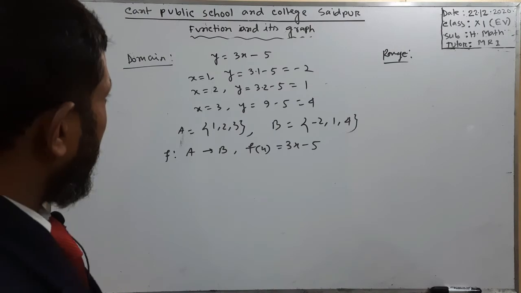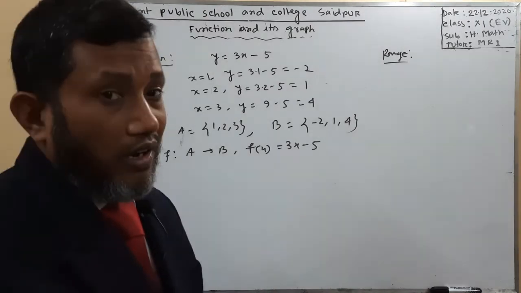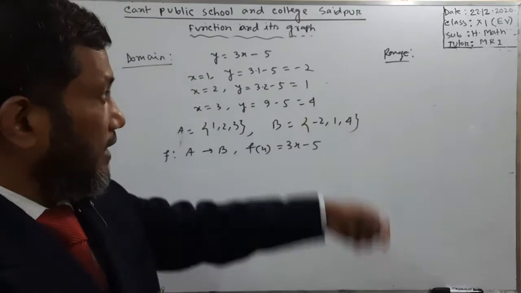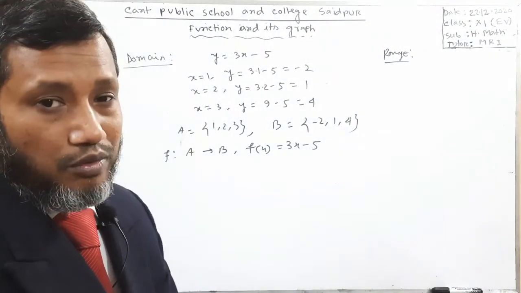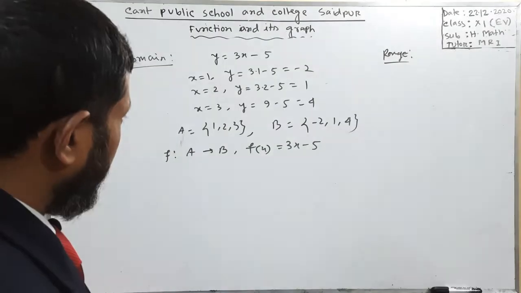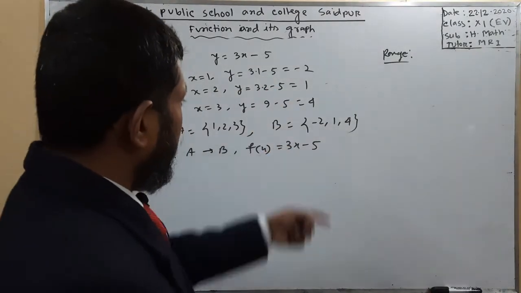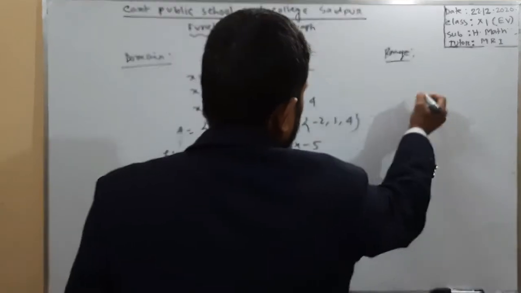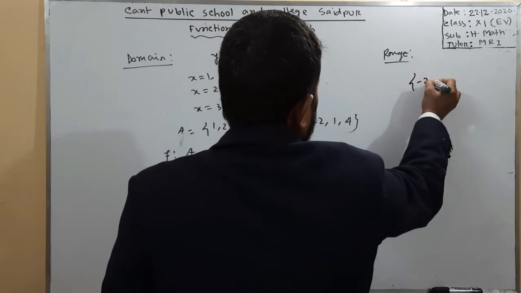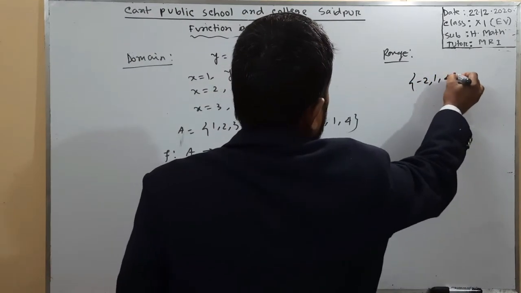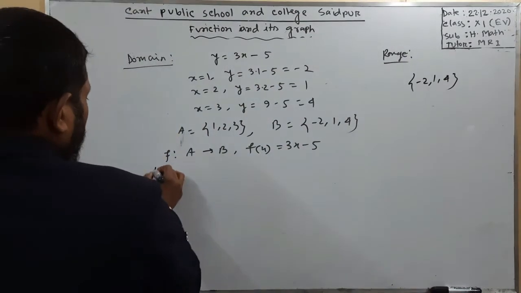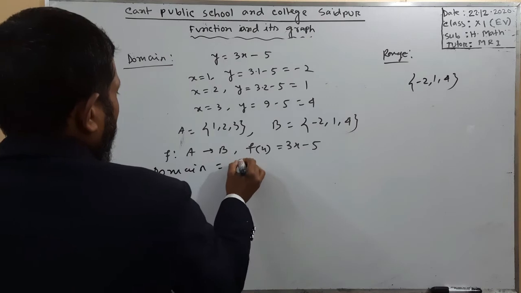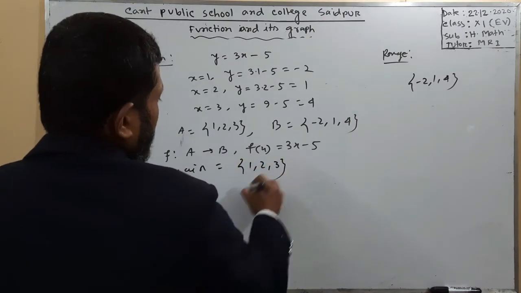That is, the set of all inputs of the function is called the domain, and the set of all outputs of the function is called the range. Here the range of this function is minus 2, 1, 4, and the domain of this function is 1, 2, 3.